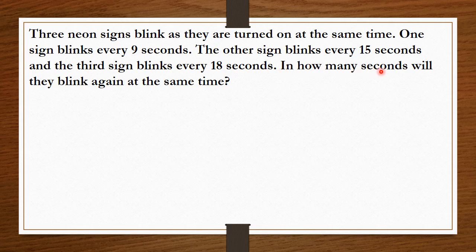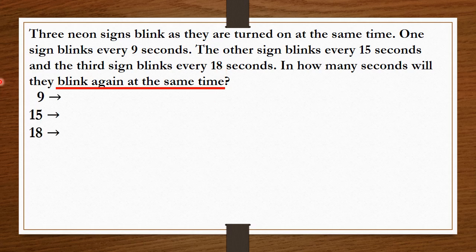In how many seconds will they blink again at the same time? The keyword in our problem is blink again at the same time. It means that we are going to solve the problem by finding the least common multiple of 9, 15, and 18. So let us use the listing method.